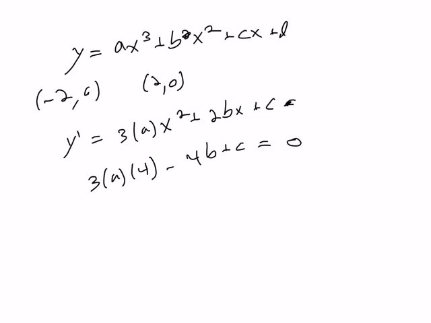And another thing we want is at 2. So again, we're going to have 3a times 2 squared, plus 4b plus c equal to 0. So we want both of these.